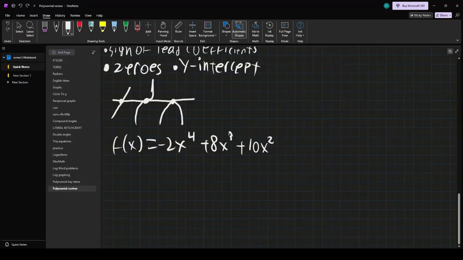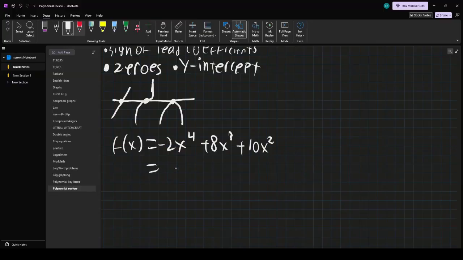This function is missing the first degree term, but it is still a polynomial function.